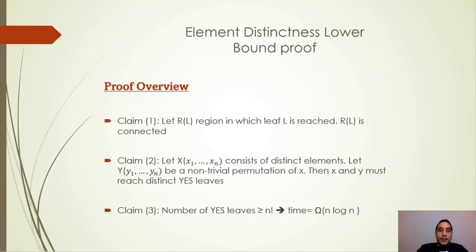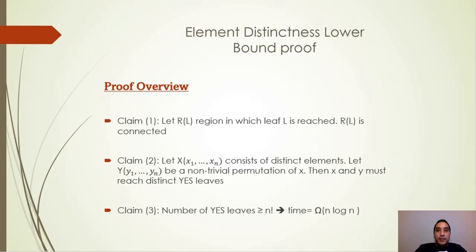The second claim is if we take X, an array that consists of distinct elements, and we take Y, a permutation of X, meaning the elements of Y are the same as the elements of X but in a completely different order, then X and Y must reach distinct yes leaves, or distinct solutions.